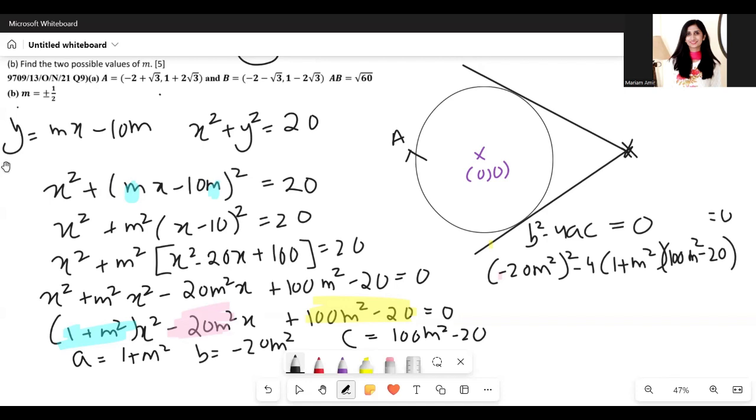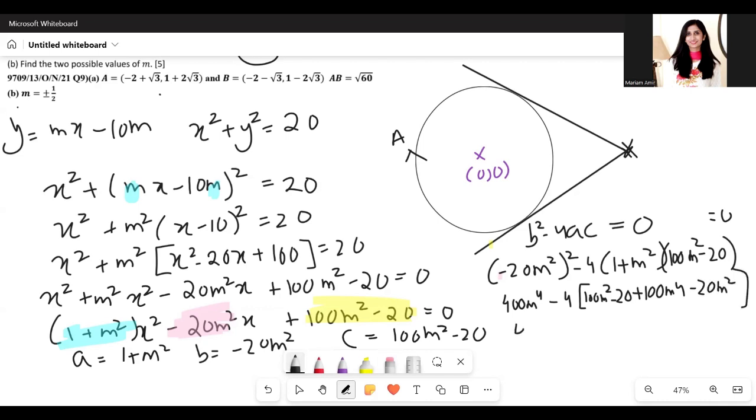Okay, so we get 400 m to the power 4 minus 4. Let's multiply the 4 in the end. We get 100 m squared minus 20 plus 100 m to the power 4 minus 20 m squared.